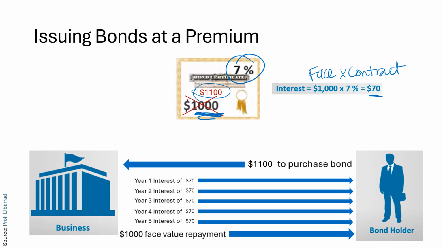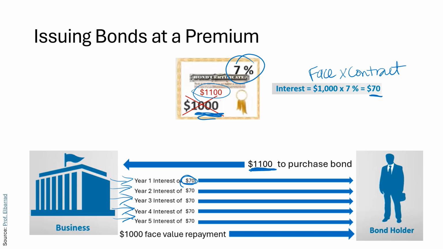So instead of paying $1,000, the bondholder is paying $1,100. The reason that they're willing to do that is because they will get paid more interest over time when compared to, for instance, the other bonds that were paying a lower interest rate. So that's why they're willing to pay a little bit more for the issuance. So then over years 1, 2, 3, 4, 5, the corporation pays the $70 interest to the bondholder.